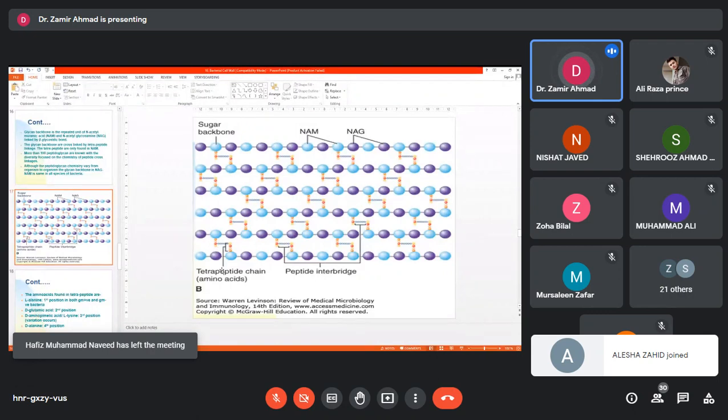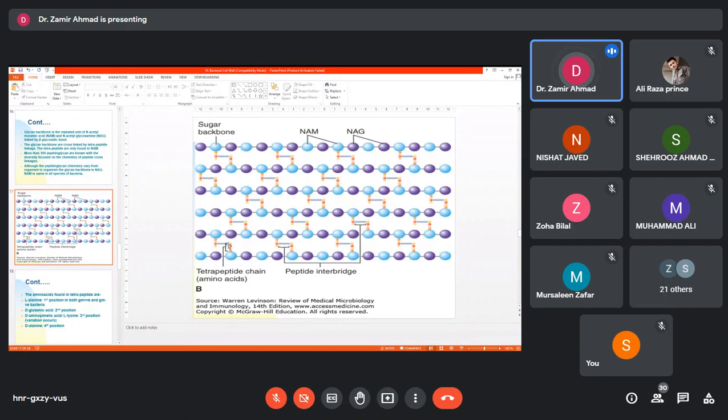These tetrapeptide chains are connected to each other through these peptide interbridges. So this forms the total structure of a peptidoglycan molecule.